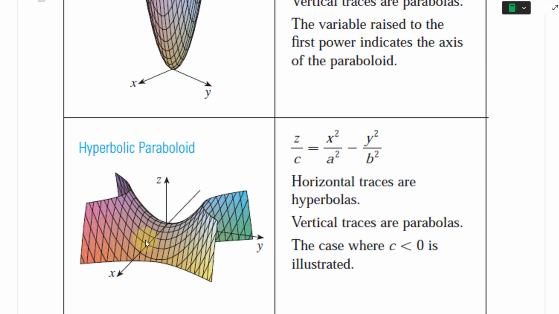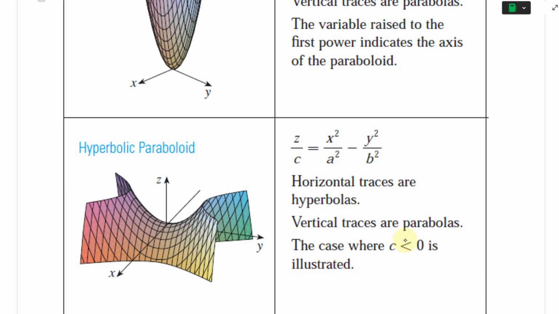So the horizontal one goes like this, and then on the other side. And then vertical traces are parabolas. So vertically you get a parabola on any side you look at. If you cut it like this, you have parabolas going down this way, and if you look at it this way, you have parabolas going up, and then you have the hyperbolas going this way and that way.